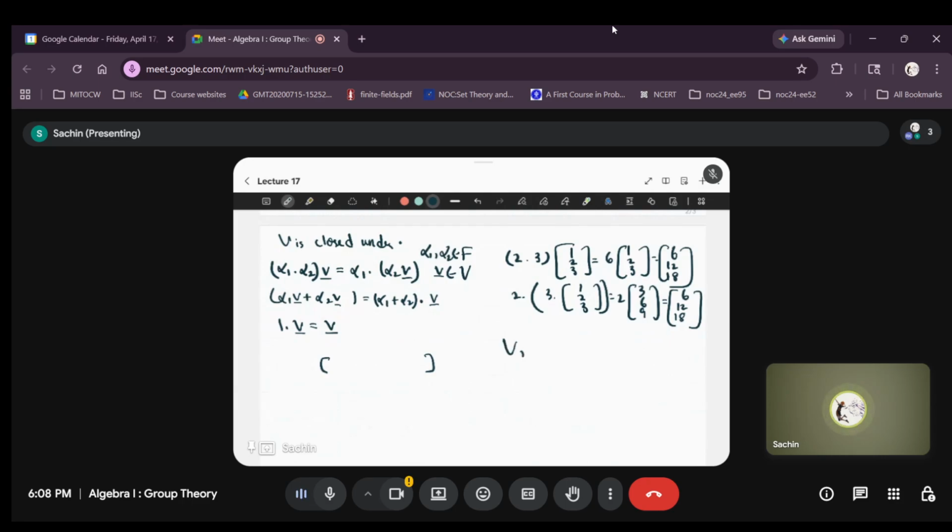So if you have the set V, F, plus and dot, then some basis you have B1, B2, B3, Bn. Consider the finite case.